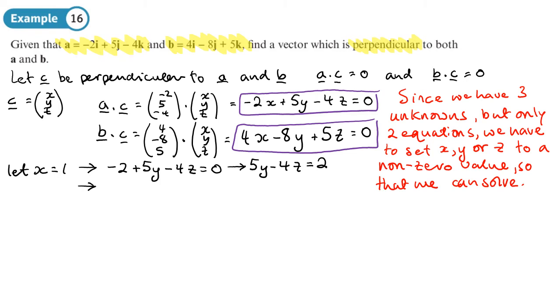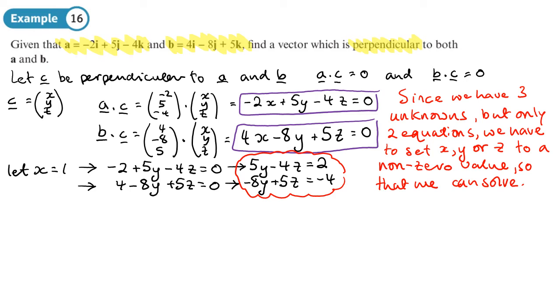And then the second equation, making x equal to 1, I'll have 4 minus 8y plus 5z equals 0, which again I could write as -8y plus 5z equals -4.